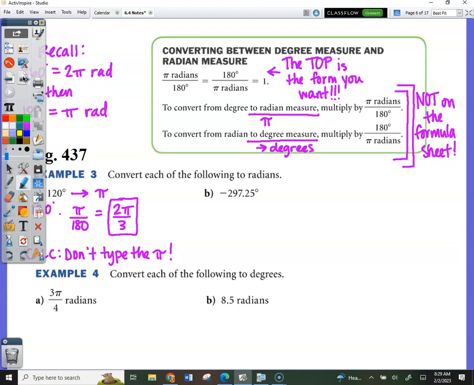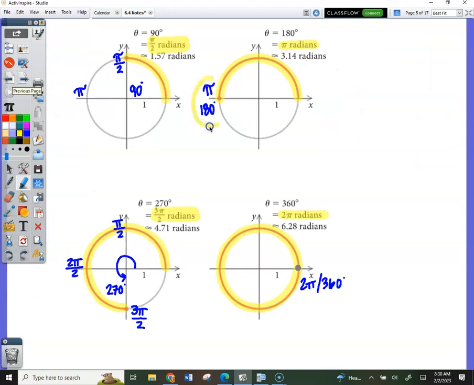So, for instance, if you're converting feet to inches, you're not trying to change the measurement itself. You're just changing the unit of measurement. That's why you use the fraction pi over 180 or 180 over pi, because those are equivalent units of measurement.